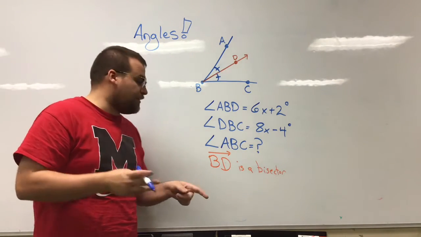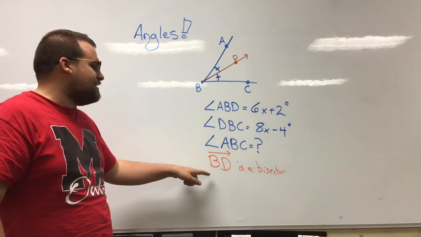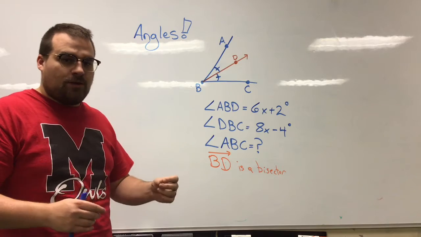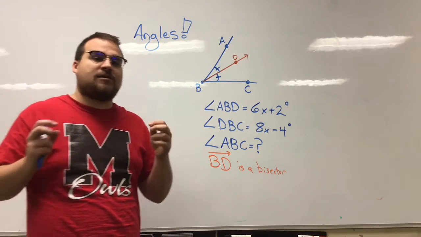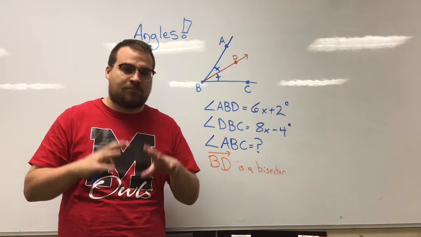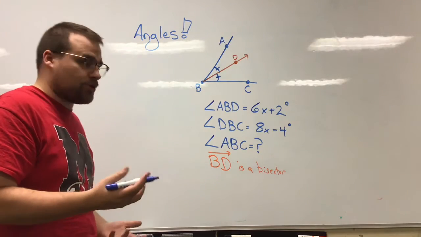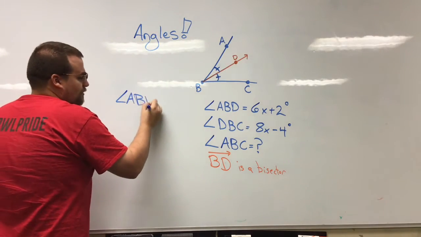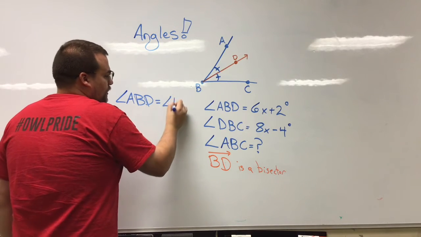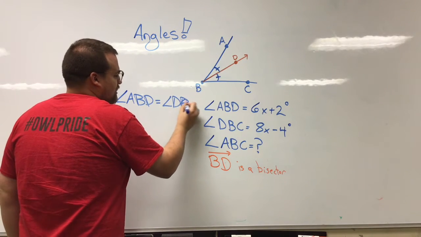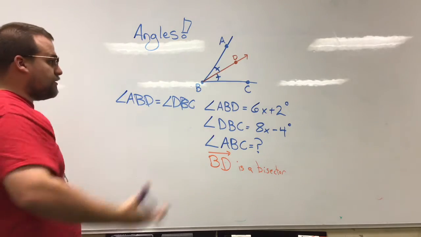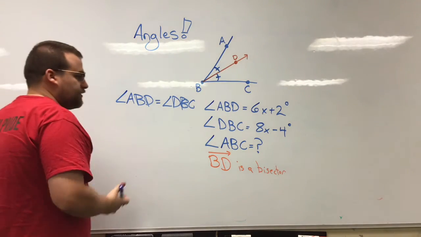Well, if we know that BD is a bisector, we know that these are equivalent, then we could make a mathematical statement about that. We could write an equation. We could say angle ABD is equal to angle DBC. That seems reasonable since they're congruent, since they're the same, they're equal to each other.